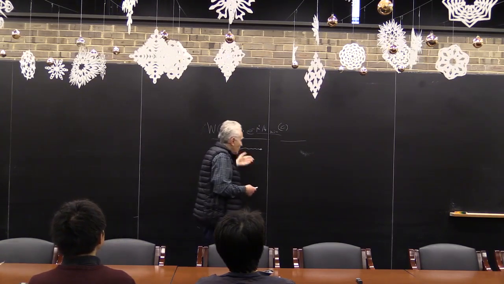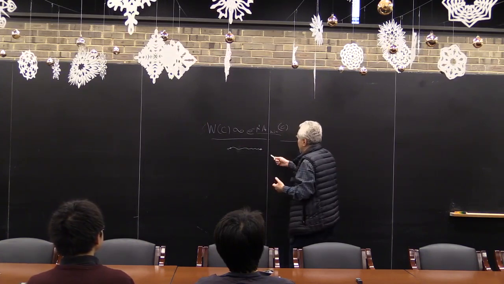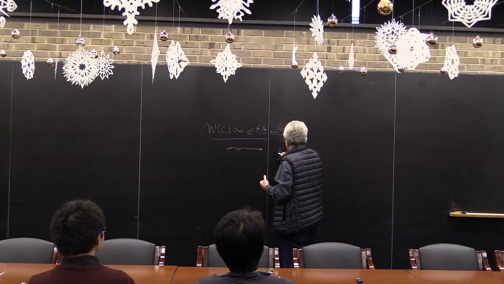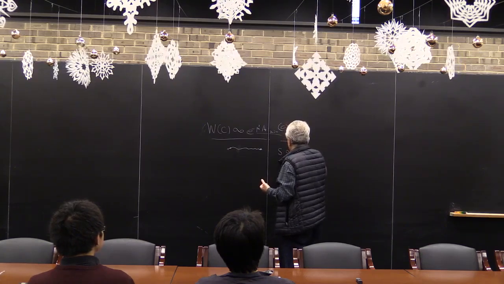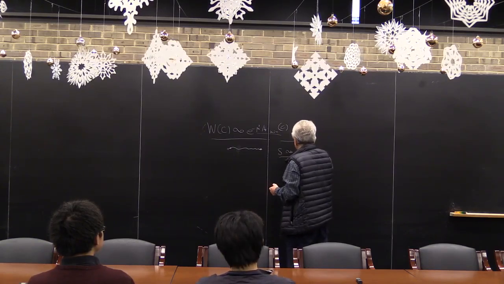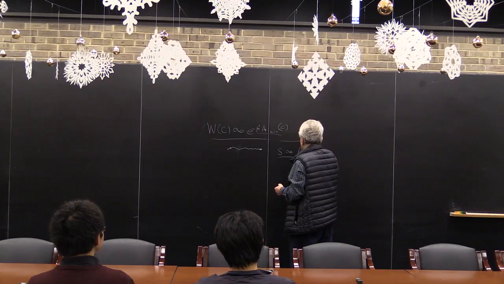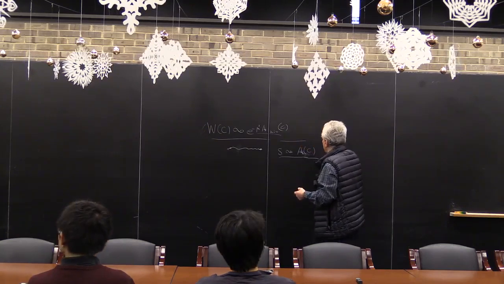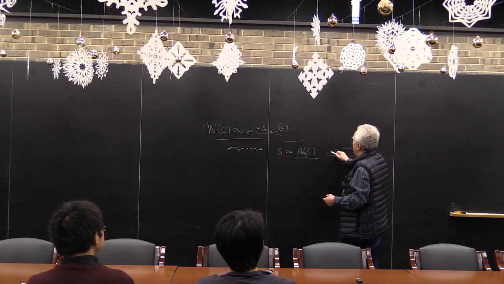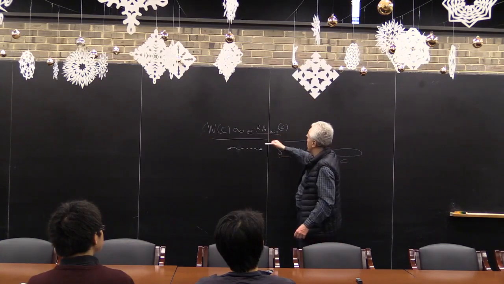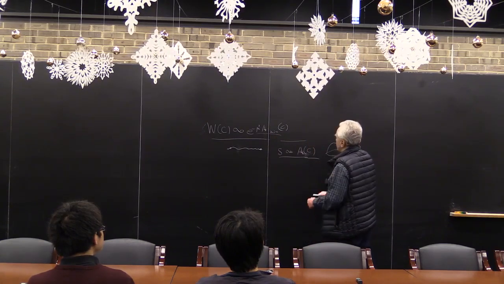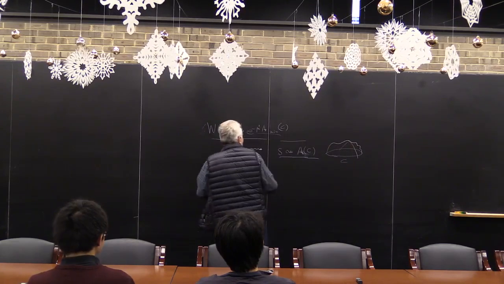There's a natural action for string theory, which is called the Nambu action, where S is proportional to the area of the surface. So we have the loop, and the way to interpret these results is to say that there is a random surface attached to the loop itself.